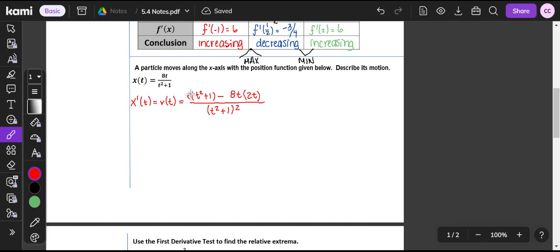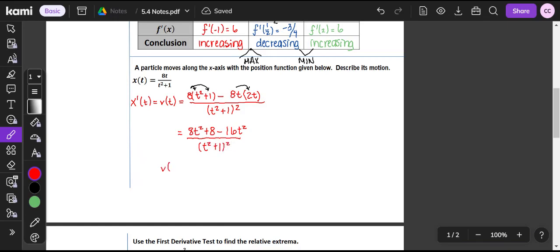All right, let's go ahead and simplify this a little bit. Going to go ahead and distribute. All right, and I'm going to end up with 8t squared plus 8, and minus 16t squared. And then I still have that bottom part of my fraction.